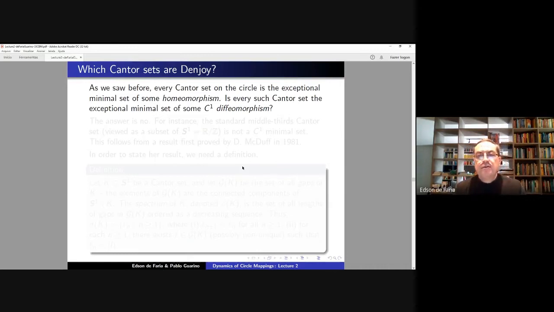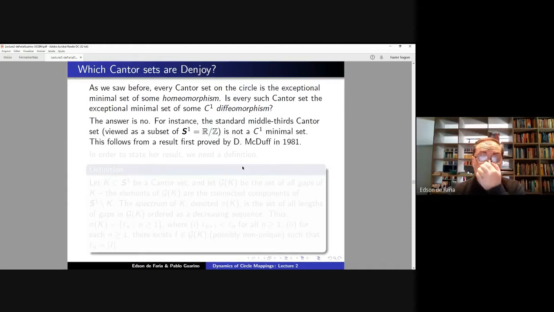So, you can ask this question: just like for homeomorphisms, where you know that every Cantor set is an exceptional minimal set for a homeomorphism, is every Cantor set an exceptional minimal set for some diffeomorphism of class C1?